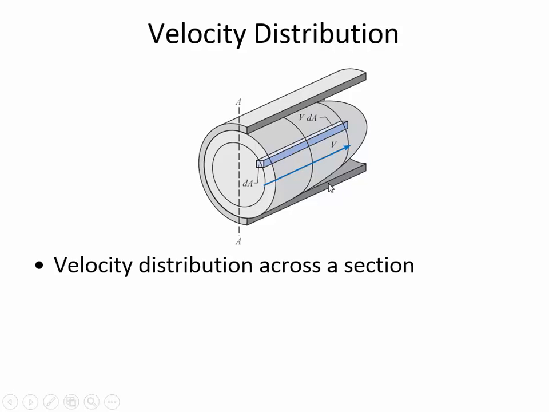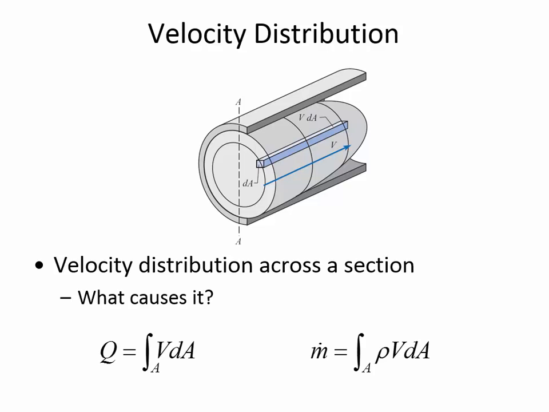One way to think of flow rate, Q, is to integrate tiny little elements across the area of a pipe and multiply the incremental area by the velocity for each of these element areas. If we broke up this face, the cross-sectional area, into tiny little pieces, then one way that we could find the flow rate Q is by integrating, for each of those known areas, the velocity multiplied by the size of the area.